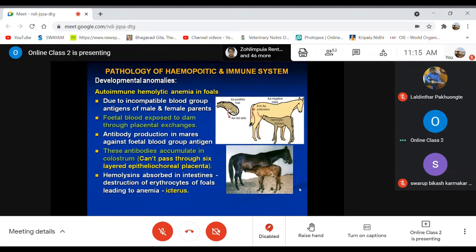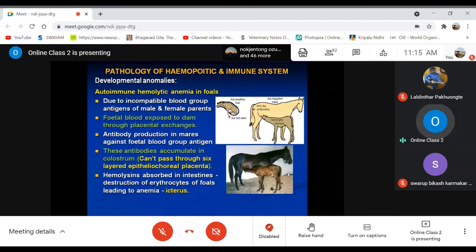And this antibody will circulate in the blood circulation of this mother, and will go on accumulating in the colostrum.